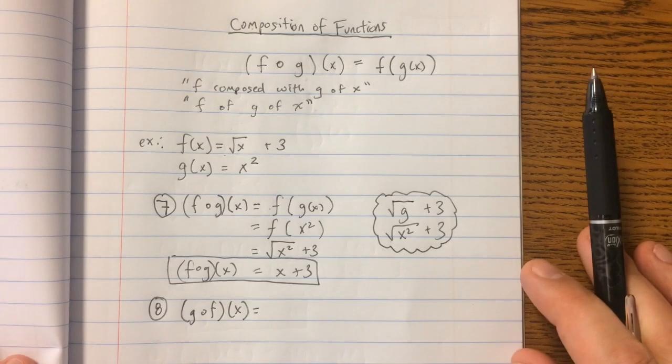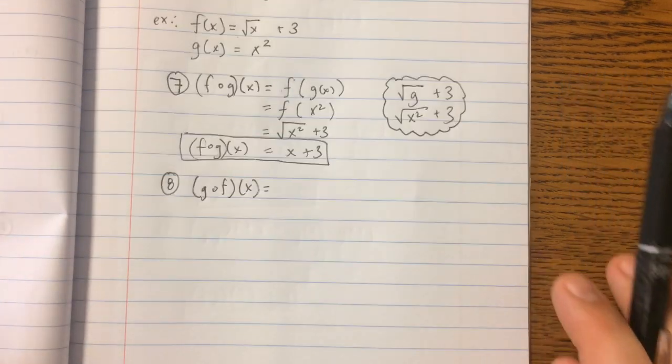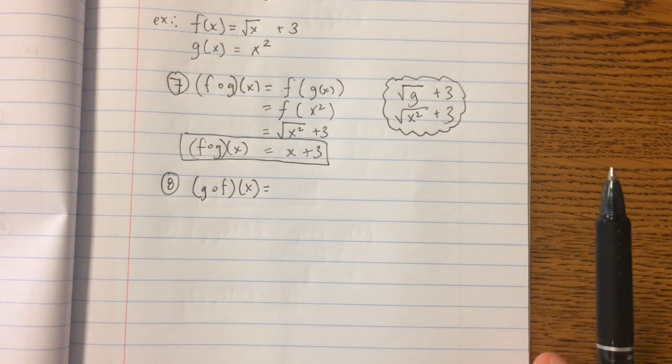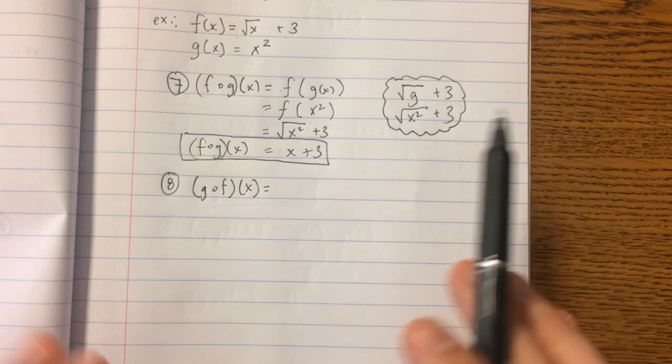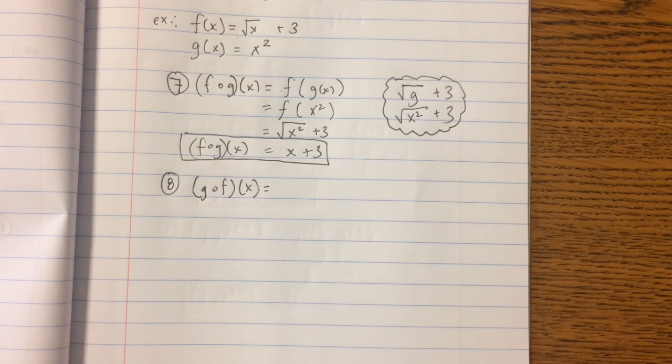Now, in general, they are not the same. There is a case where they would be the same, and we'll talk about that in a second. But in general, you would not expect that F of G is the same as G of F, unless there's something about the relationship between those two functions that we'll talk about momentarily.